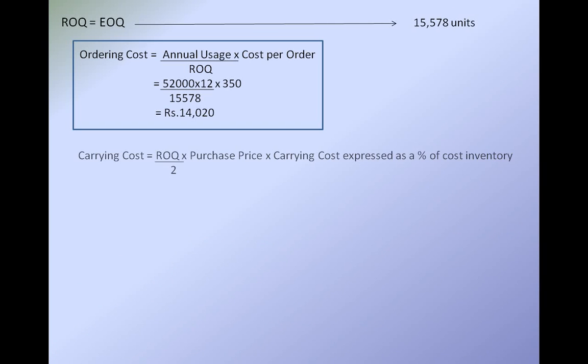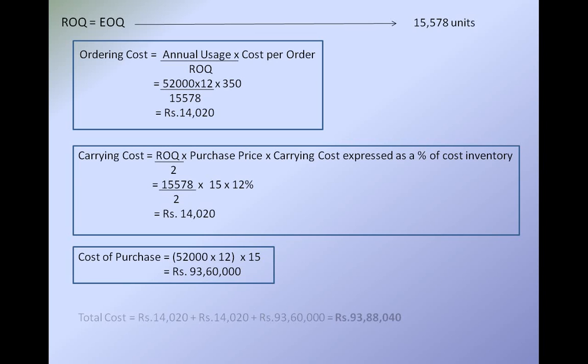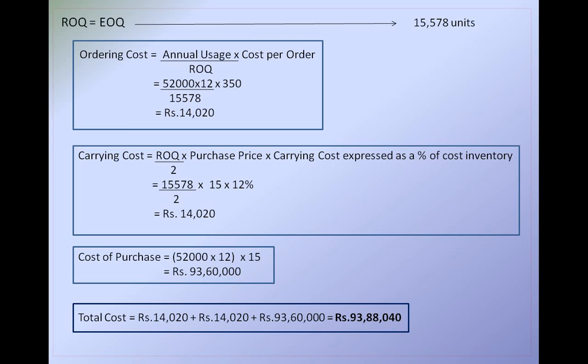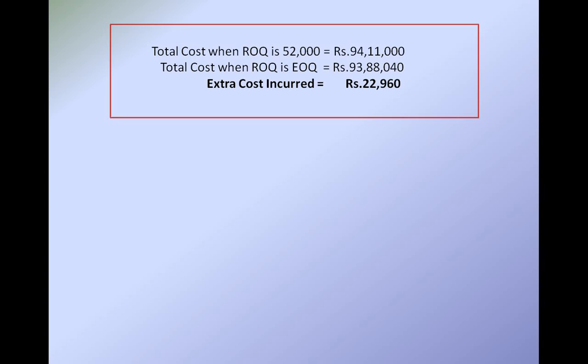The carrying cost using the formula again is 14,020 also. The cost of purchase would remain the same because there's no change there. The reorder quantity will not affect the cost of purchase at all. And the total comes to 93,88,040. So you subtract the two and you will find out the extra cost incurred by the company when its reorder quantity was 52,000 and not 15,578 units. So that is the answer, 22,960.